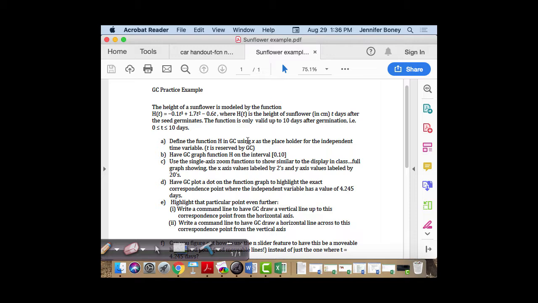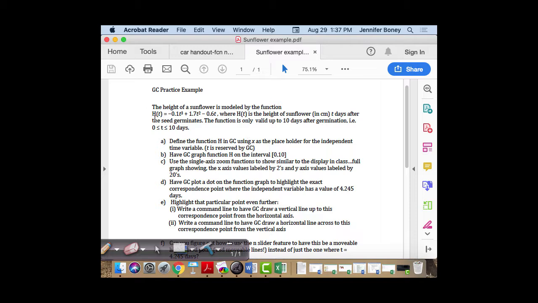So if you start typing T, it's going to expect a pair of equations and it'll get confused if you don't have input like that. So avoid using T if you're trying to do this. If you have lots of time variable equations, you might still want to use T just because T for time is easy to remember. You can use any other letter you want, including X's and Y's, although that's not usually recommended because it can be a little bit confusing to look at.